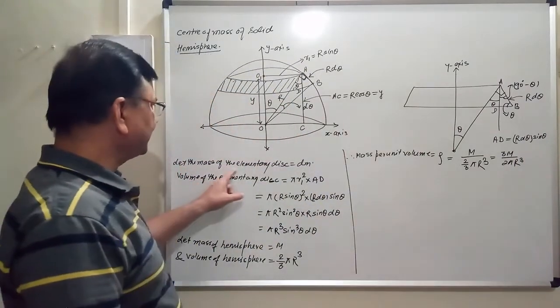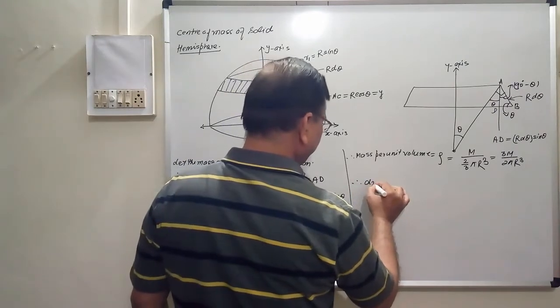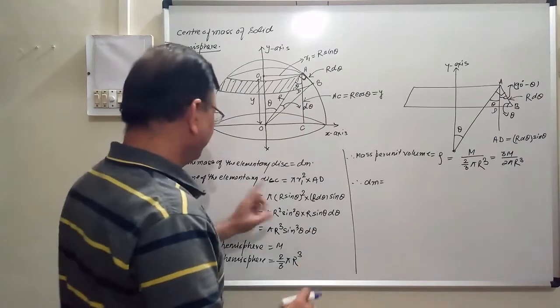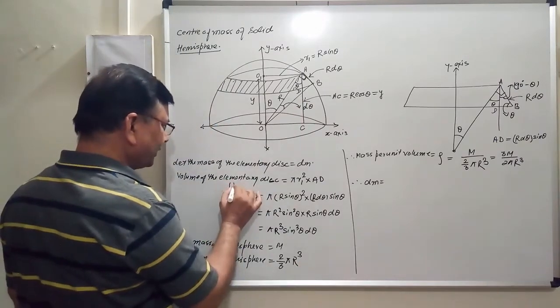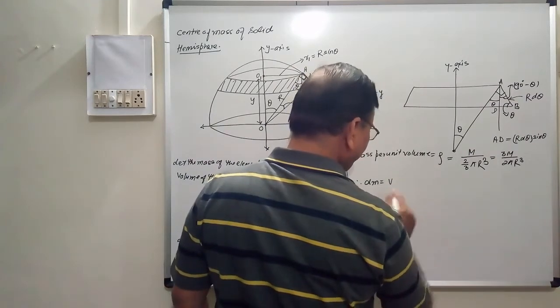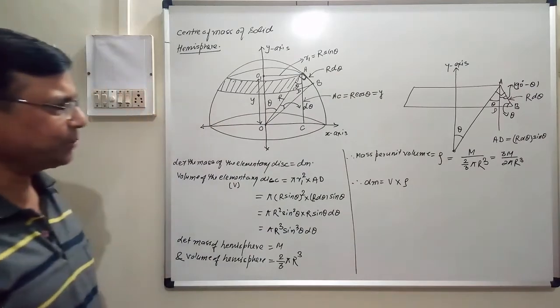Now mass of the elementary disk is dm, therefore dm is equal to volume, and suppose we consider this volume as V, so this will be V volume into density, that is mass per unit volume.